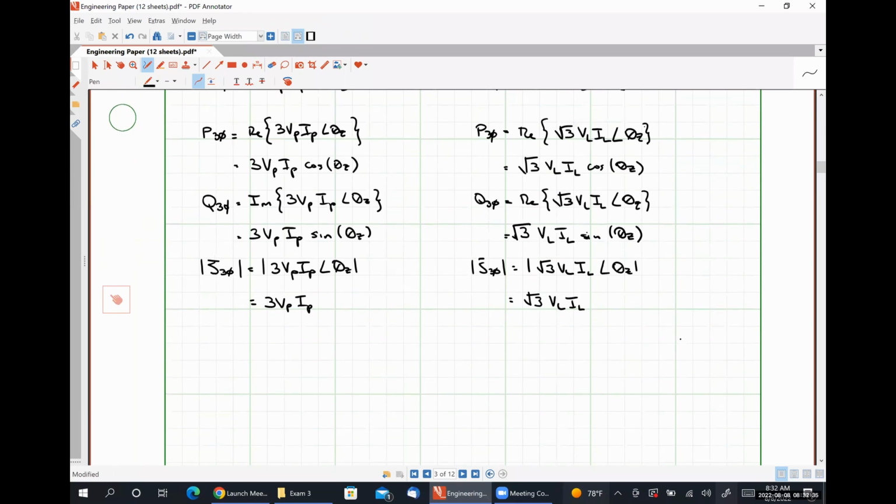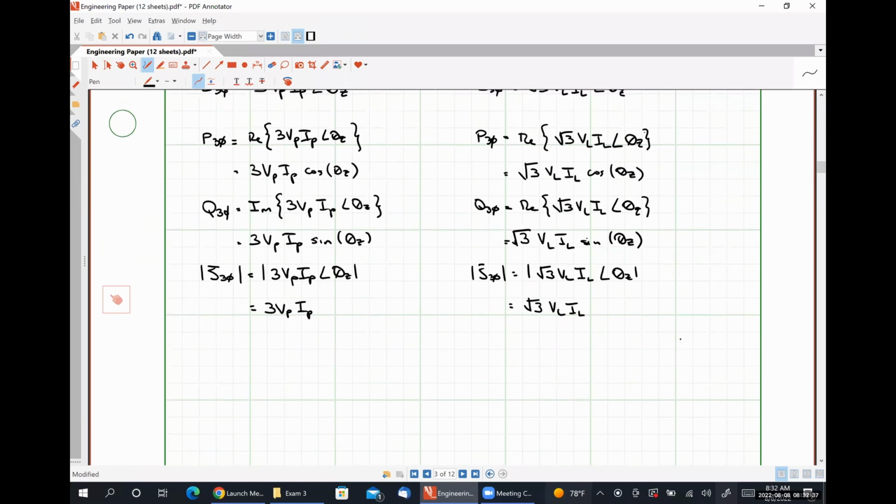And lastly, our power factor for our three-phase systems is simply the ratio of our three-phase power to our three-phase apparent power, which comes out to be just cosine theta z. And this is true for both in terms of phase quantities and line quantities.